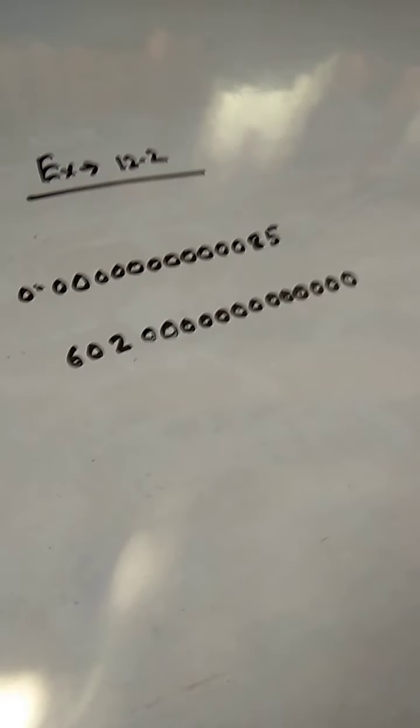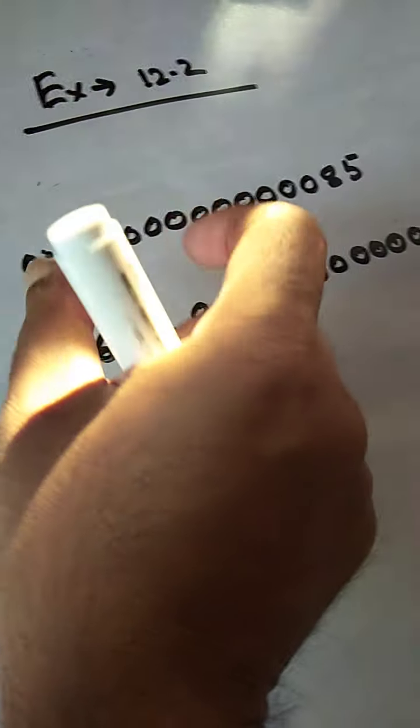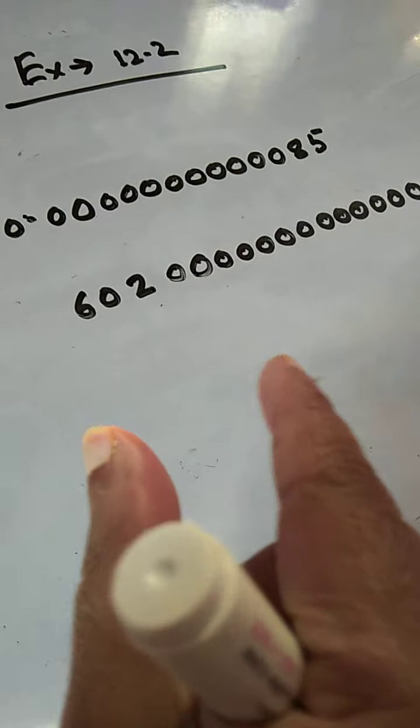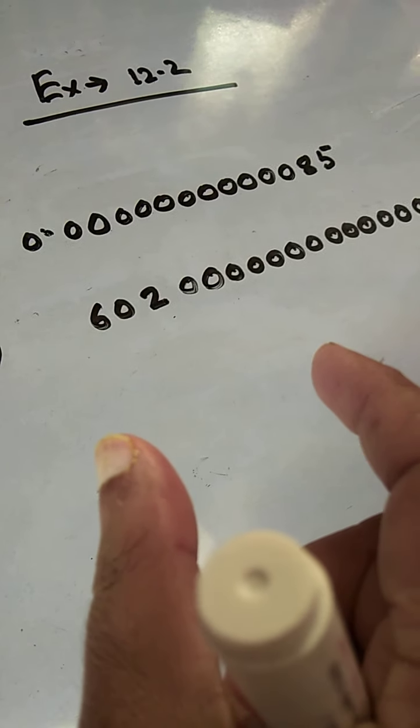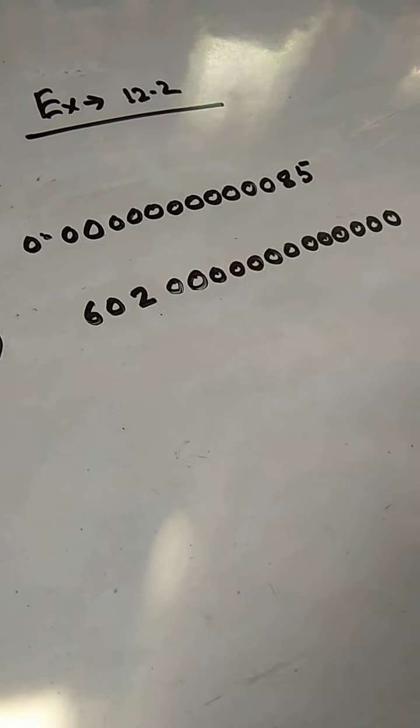Now what is the standard form? When the numbers are in the big form, they are written in a much expanded form. To write them in a much shorter, much easier form, that form is called standard form.